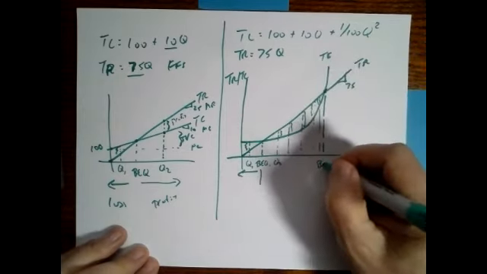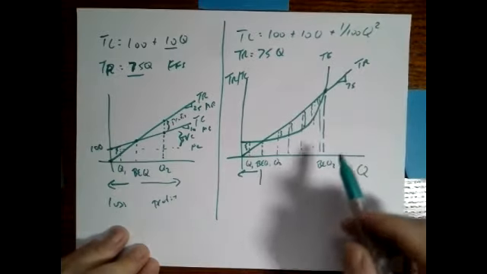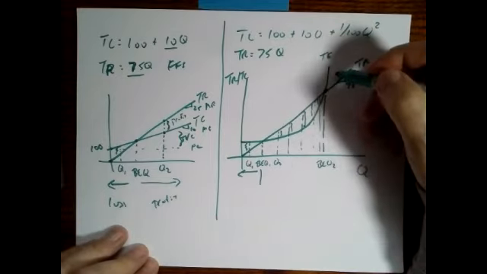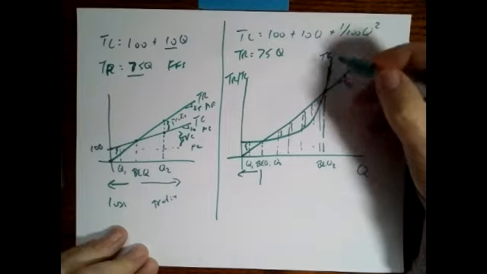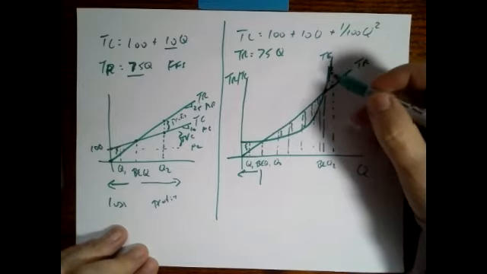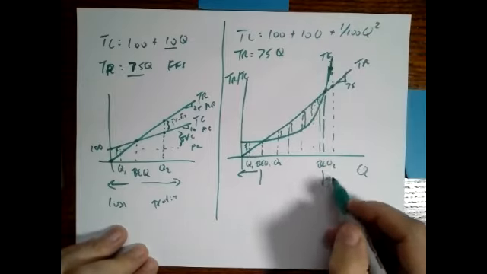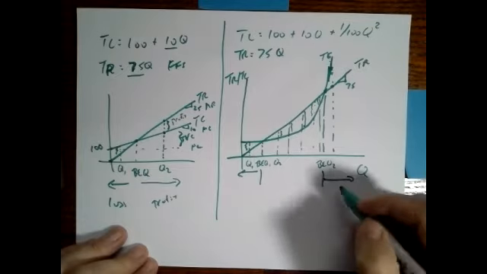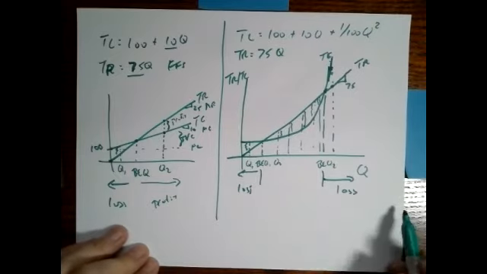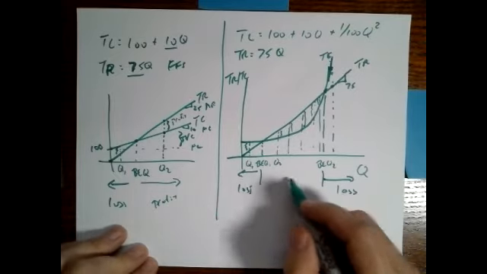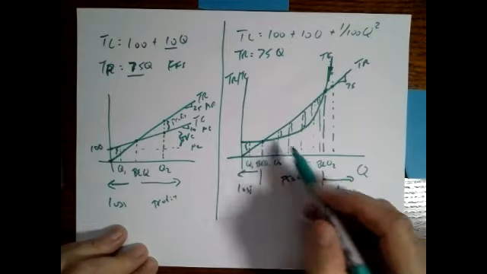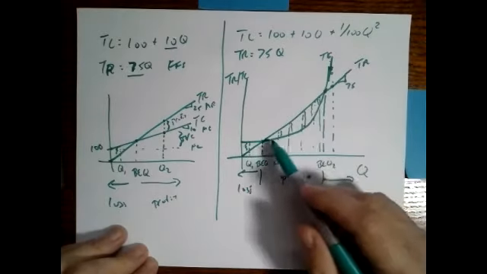And we have a break-even quantity 2, where if we go past break-even quantity 2, we now have a zone where total cost is once again greater than total revenue. And so past break-even quantity 2 and forward is a second zone of loss. So we have loss to the left, loss to the right, and we have this zone of profit in the middle where total revenue is greater than total cost.